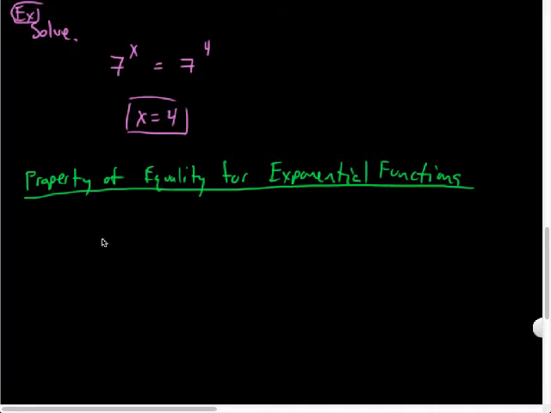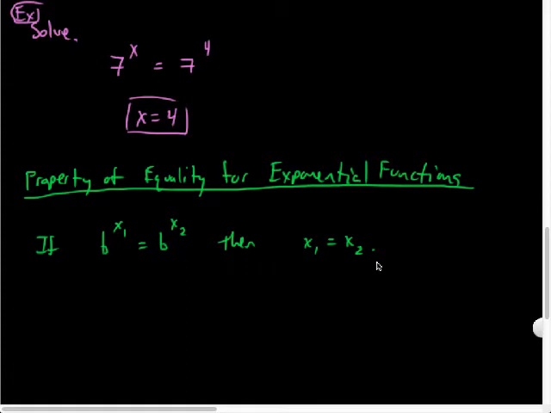It says if you have b to the x1 equals b to the x2, then what do you think is true? x1 equals x2. X1 must equal x2.